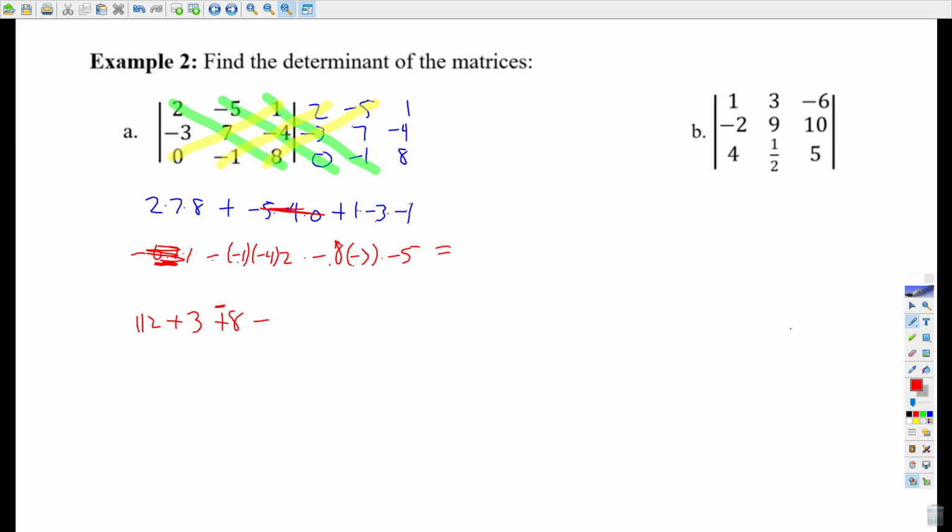So 24 times 5, 120. Add them together. So we have 112 plus 8, I'm sorry, plus 3, minus 8, minus 120. Looks like I got negative 13.